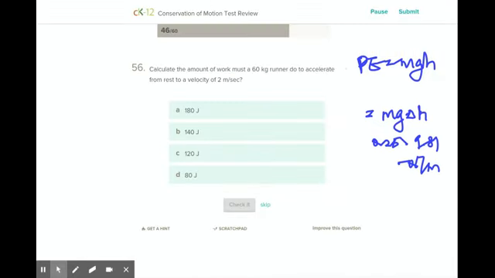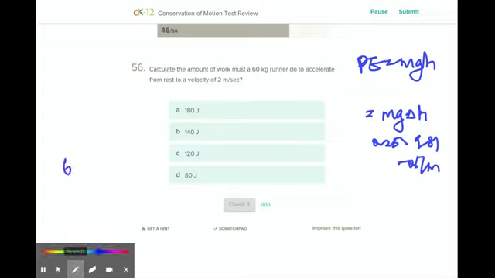56. Calculate the amount of work a 60 kilogram runner must do to accelerate from 0 to a velocity of 2 meters per second. Let's skip that because we didn't really talk about the work, but it's really the change in kinetic energy, the work done, okay?